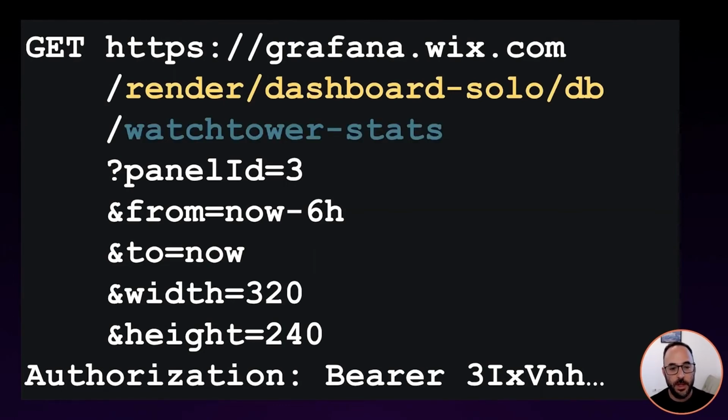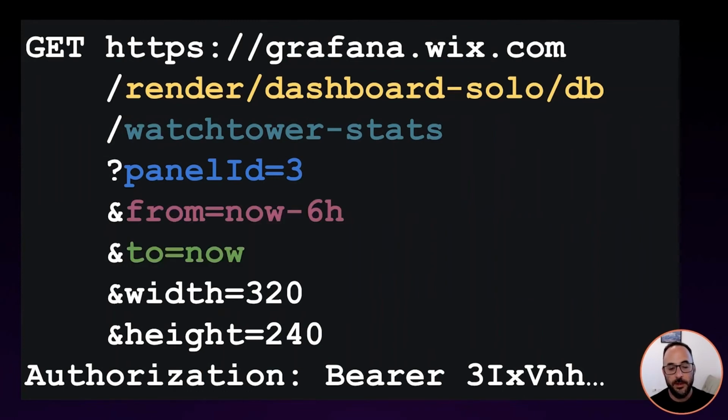You give it the identifier of the dashboard that you want to render. Each board is composed of panels, so you need to pass the ID of the panel that you want to display, because what we're trying to do here is render each panel as a static PNG.